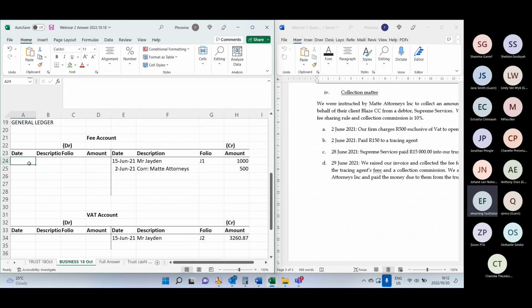So for us to record that, we are reducing our fee. So what we do is we debit, and we show it's our correspondent, and it's a third fee for opening the file.